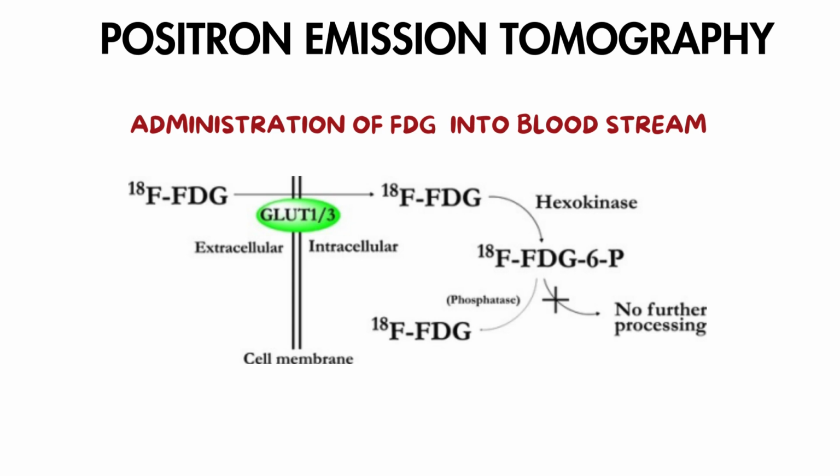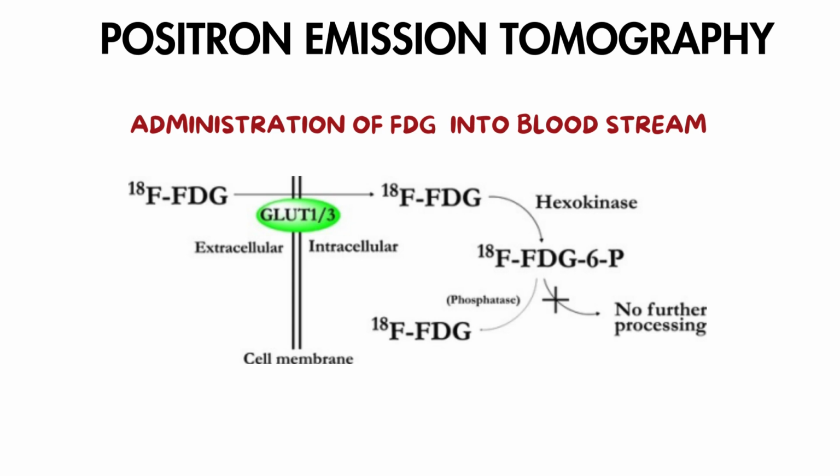The FDG-18 is administered into the bloodstream and spreads almost all over the body to each and every cell. Since the molecule is glucose, it can easily access the cell membrane and go into the cell. There is a special opening for transport of glucose, that is GLUT 1, 2, 3. Through this GLUT transporter, the FDG molecule enters the cell.